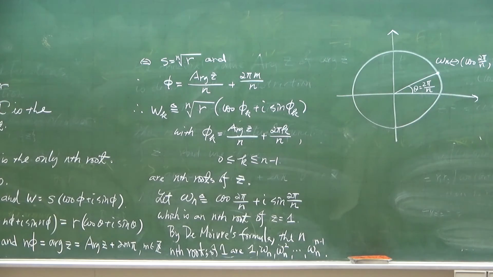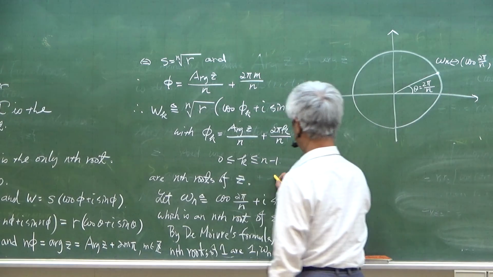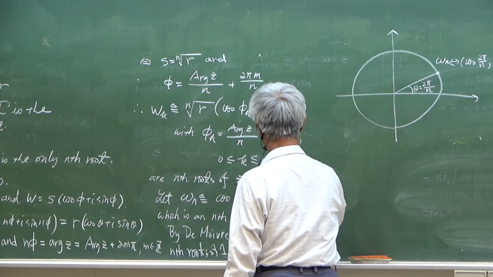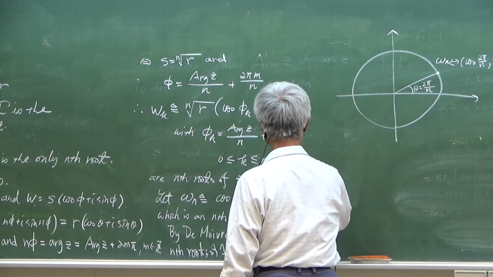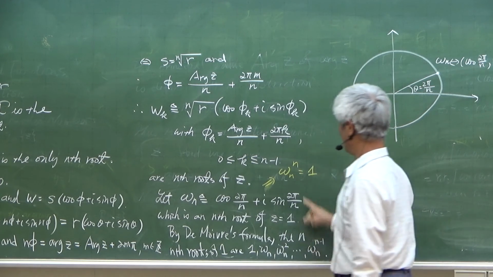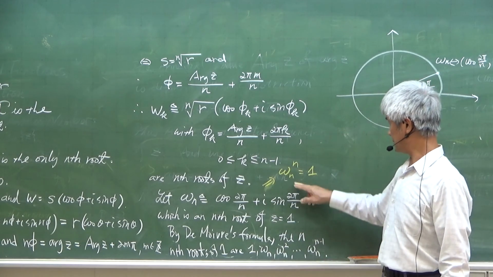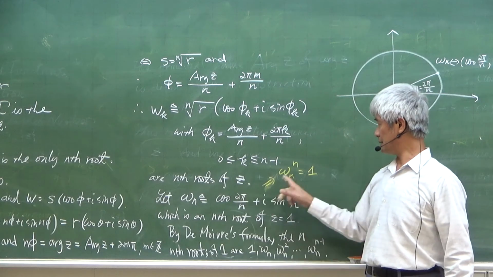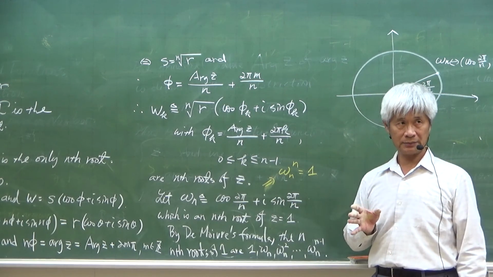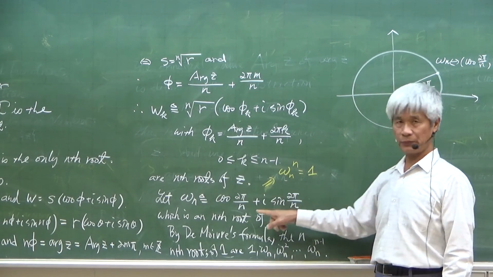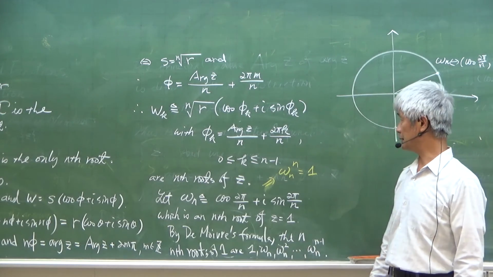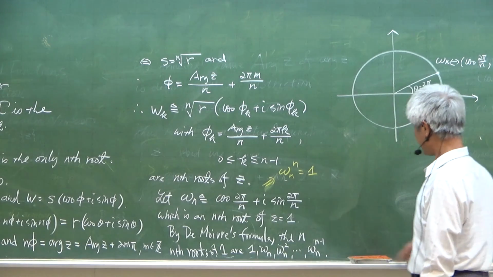Remember, omega n to the nth power is equal to 1, because omega n is an nth root of 1. When you raise it to the nth power, it becomes 1 by the Moivre formula, right?